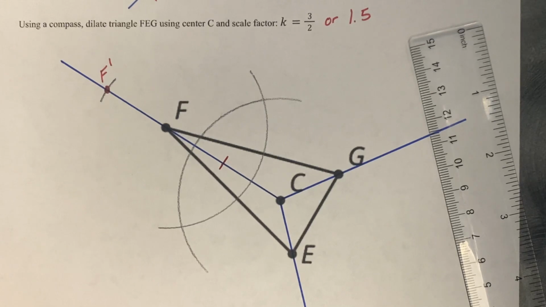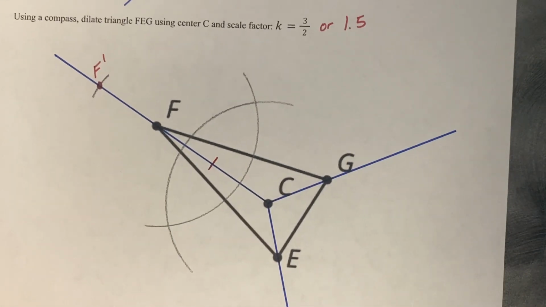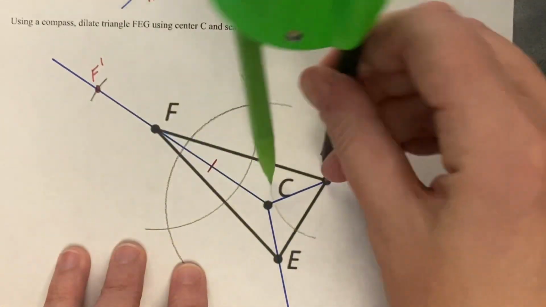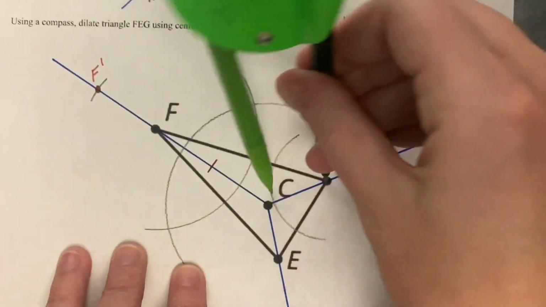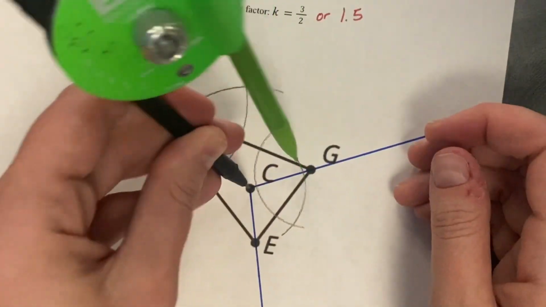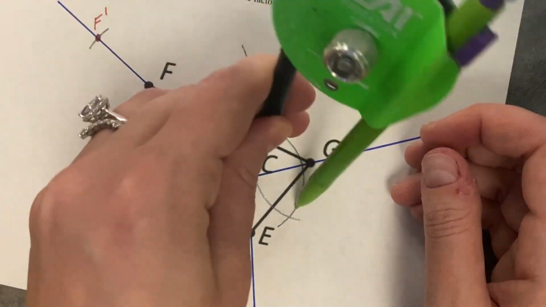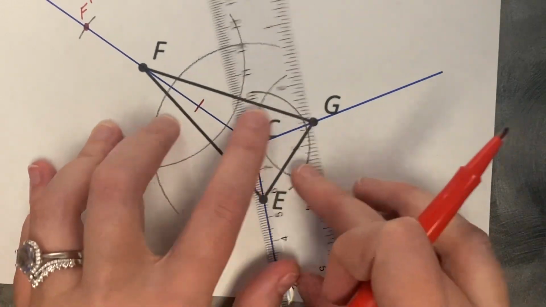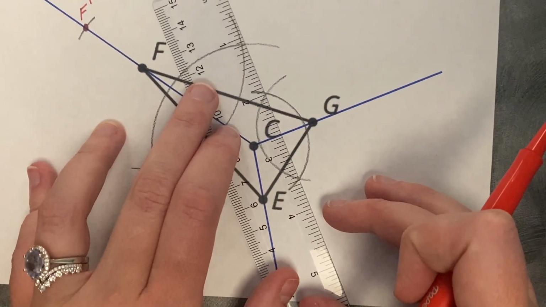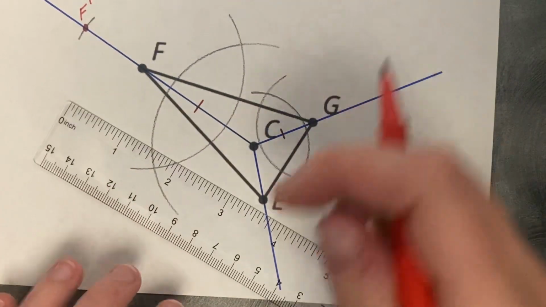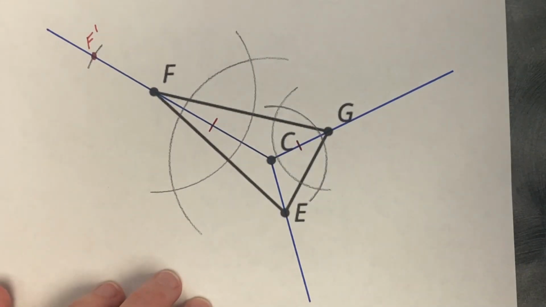So now we're going to do the same thing between C and G and C and E. So we're going to make our perpendicular bisector between C and G. So there's our midpoint between C and G. I'll go back and measure it in a second. I'm just going to finish my perpendicular bisectors.